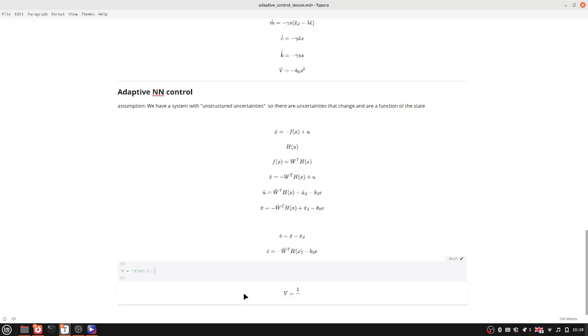1 over 2 E squared, because we want to basically get E dot. And then we do our classic adaptive parts, 1 over 2 gamma.